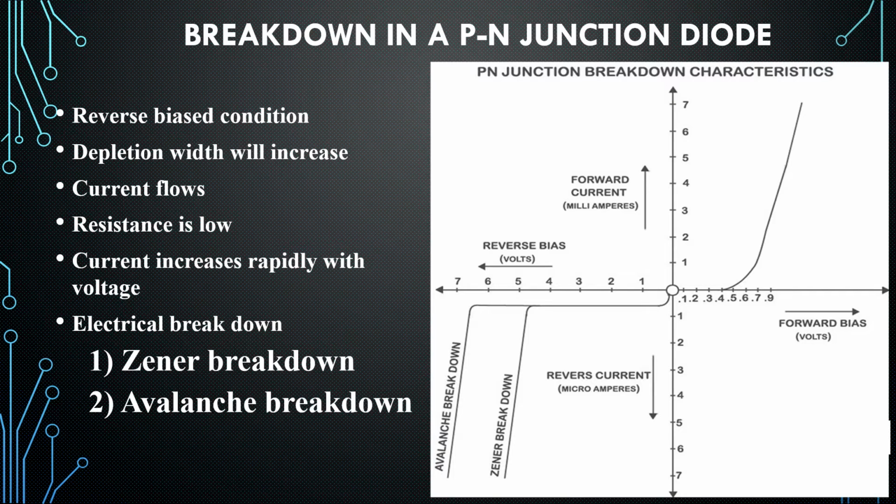The main difference between these two is the occurrence of their mechanism due to the high electric field and the collision of flowing electrons with the atoms. Both the breakdowns can happen concurrently. This presentation gives an overview of the difference between the Zener breakdown as well as the avalanche breakdown.